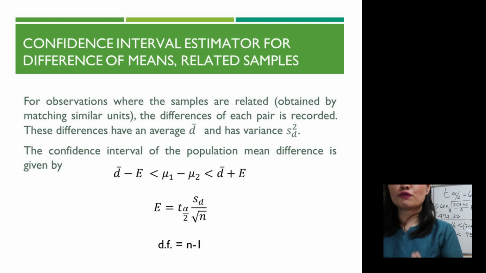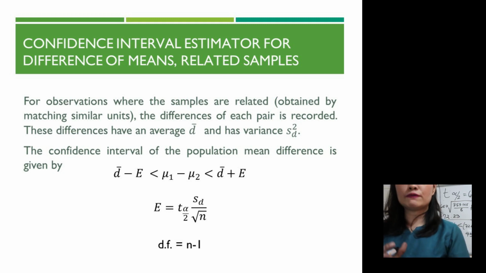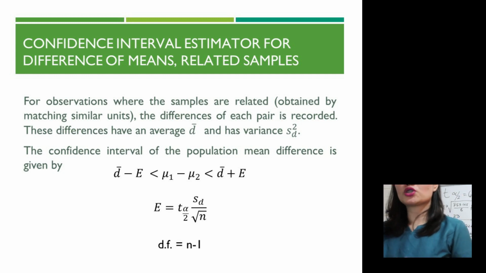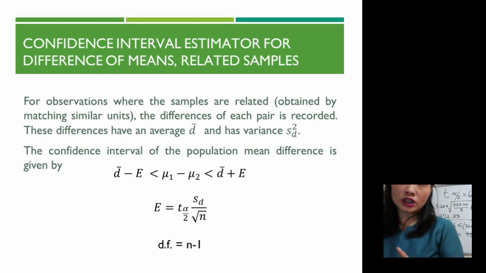So the next condition will be the confidence interval estimator for the difference of means of related samples. For observations where the samples are related, obtained by matching similar units, the differences of each pair are recorded. These differences have an average of D bar and a variance of the given differences.